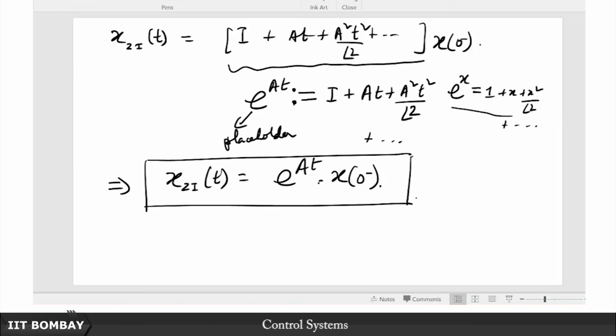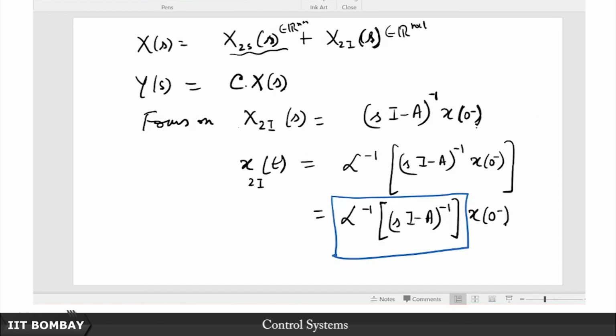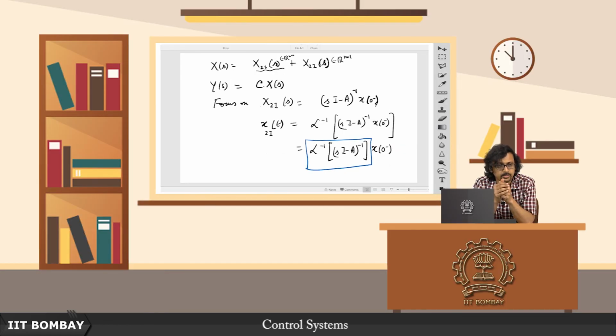I have not given you any magic formula to evaluate the zero input response. I have not given you any additional method to what you already know. In other words, if you are given a state space representation of a system, say A, B, C, D matrices, and you are asked to find the zero input response, then you have to take this sI minus A inverse matrix, look at each individual entry of that matrix, take their corresponding Laplace inverses, and you will get some time domain functions.